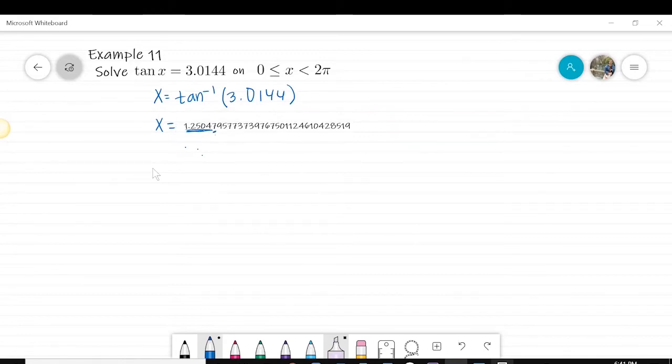This 7 right here is going to tell us to round up. So we're going to have x is approximately equal to 1.2505.